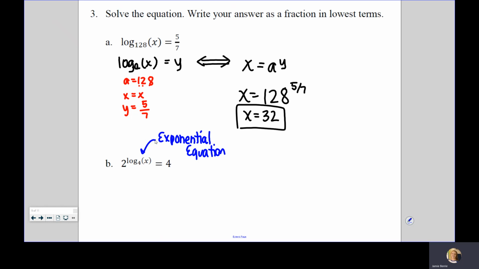To solve an exponential equation, the first step is to isolate the exponential expression. It's already isolated, here by itself. Then we try to make both sides have the same base, which is easy here because we can just rewrite 4 as 2 squared. So leave the left-hand side the same, but rewrite your right-hand side as 2 squared.